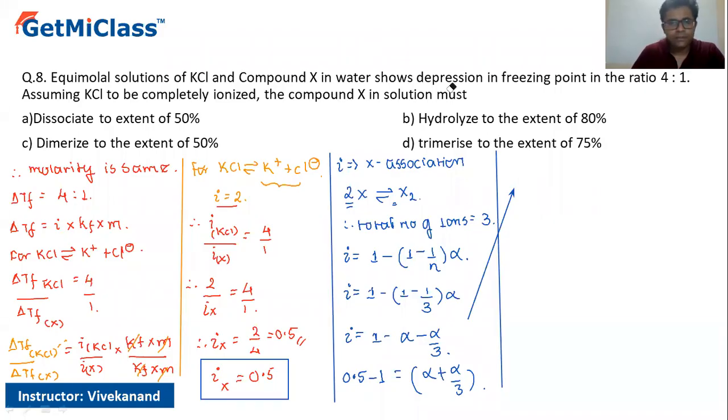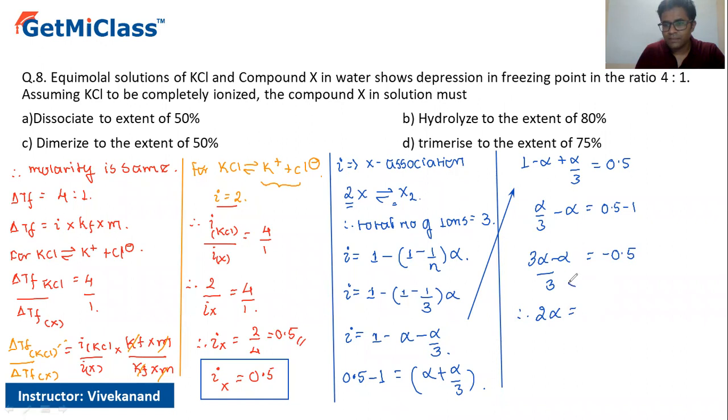So it is going to be 1 minus alpha plus alpha by 3 equal to 0.5. Now, 1 goes to the other side, so alpha over 3 minus alpha is equal to 0.5 minus 1. So it is going to be alpha minus 3 alpha over 3 equals minus 0.5, so 2 alpha is equal to minus 1.5 times... the 3 goes over here.